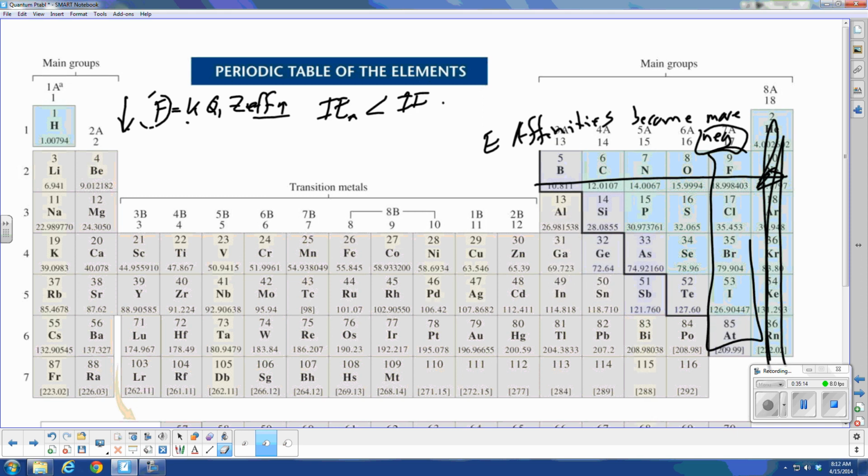My halogens have the most negative electron affinities, and that means what? Most energy released when they gain an electron. That's really about all I want you to know. There are exceptions similar to the ionization energies, but just know that halogens give off the most energy when they are gaining an electron.